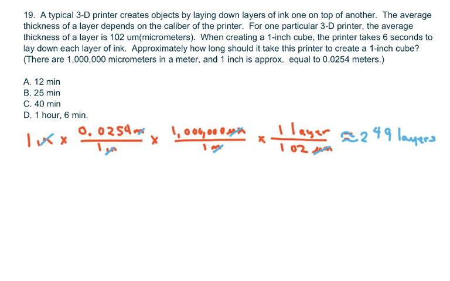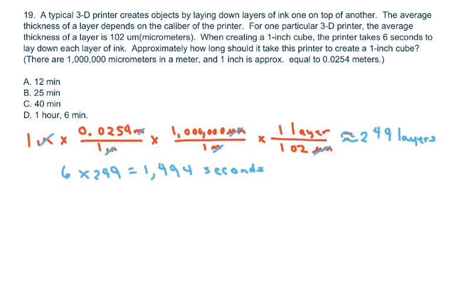The printer takes up to 6 seconds to print 1 layer. So that's 6 times 249, which equals 1,494 seconds to print the cube.